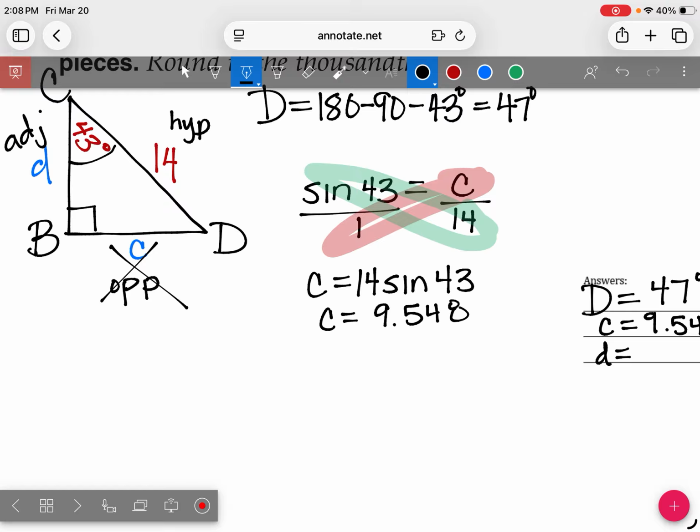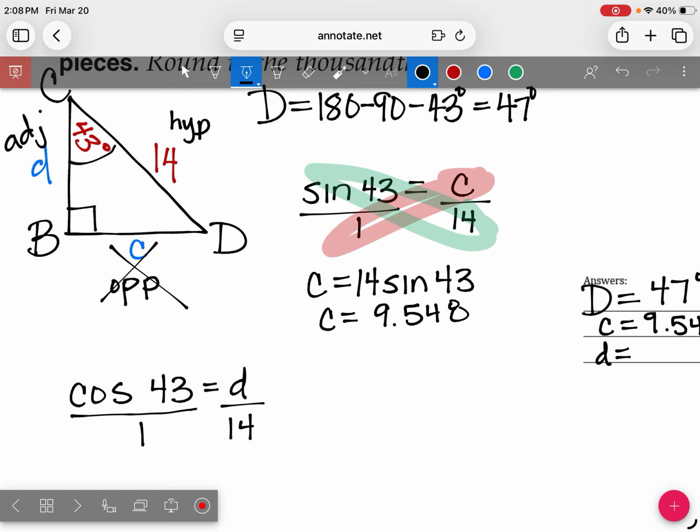So option number 1 would be to use what? Adjacent and hypotenuse is what? Cosine. So this is option 1. Take the cosine of 43 and set that equal to adjacent over hypotenuse.